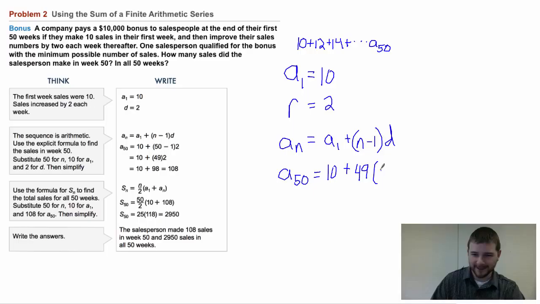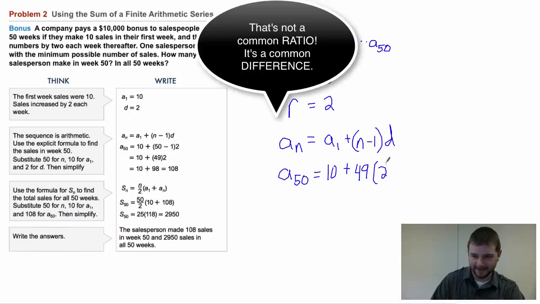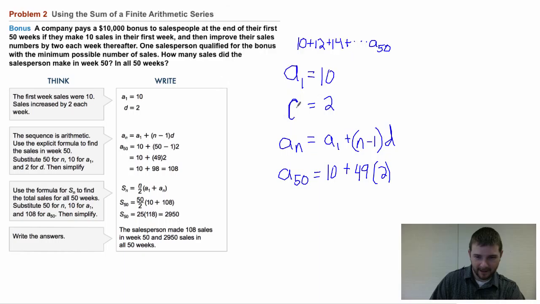Oh, I see a mistake earlier. Let's fix that. It's a common difference rather than a common ratio. 10 plus 49 times 2. Combining like terms, 49 times 2 is 98, plus 10, 108. So 108 sales represents our 50th term.